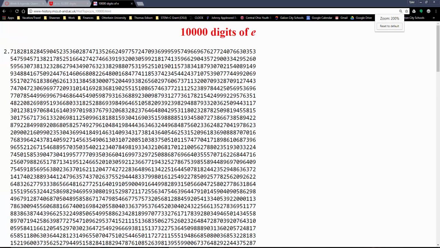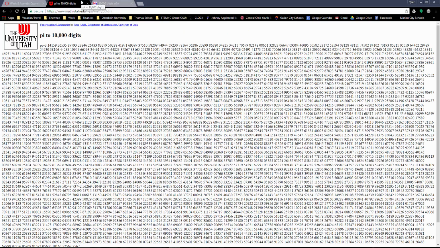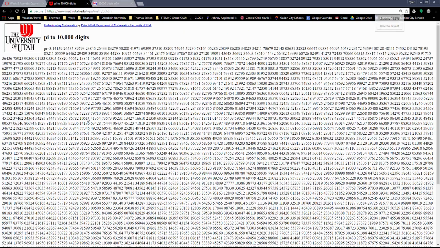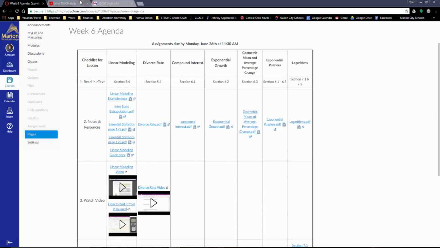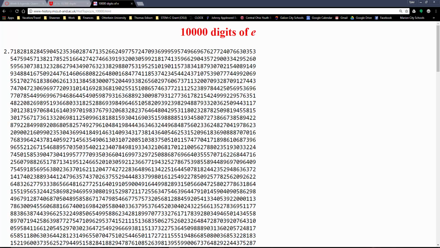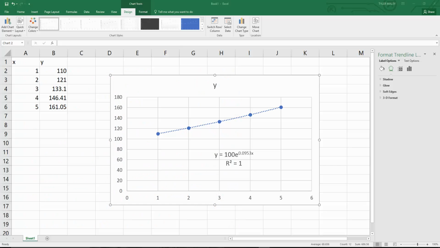Euler's number here you can see is approximately 2.72, roughly. Notice that this equation is a different form, so that's okay. We're going to work a little bit with that form and progress into how to use that specific form.